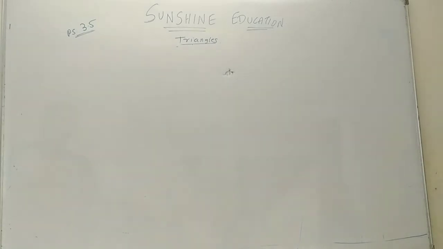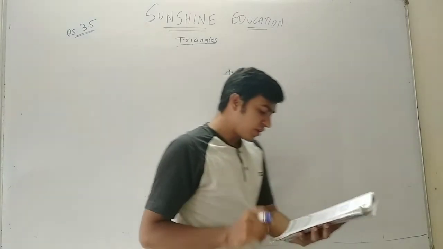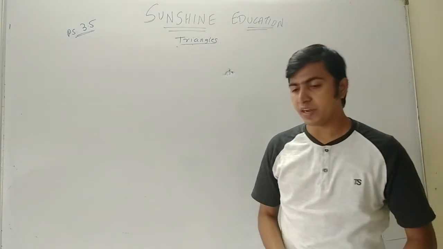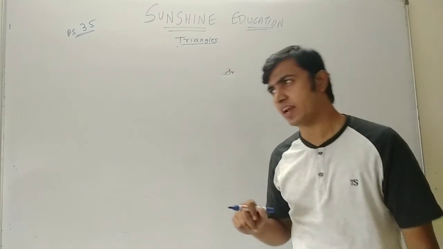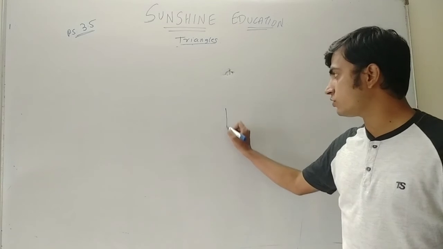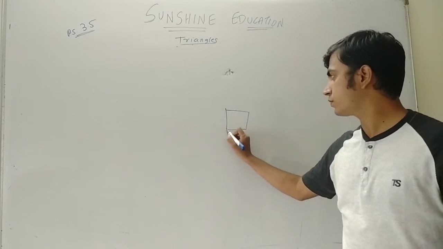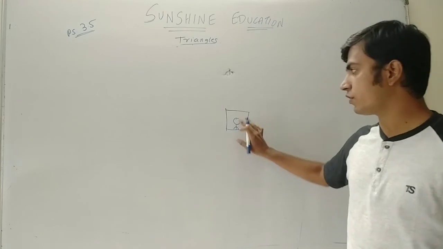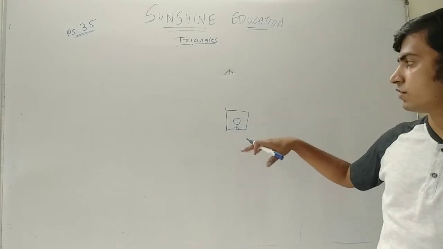Now we'll start with the new exercise, that is 3.5. It is about similarities. First, let's see what similarities are. Suppose I have a passport size photo in my wallet. You can see my shoulders and my face.